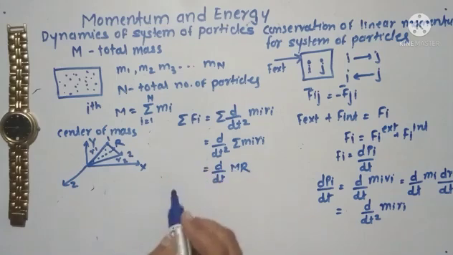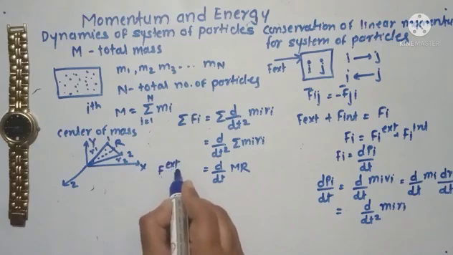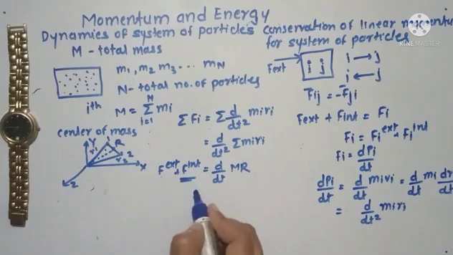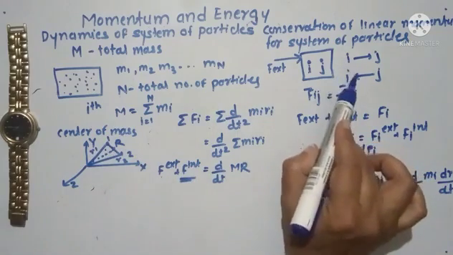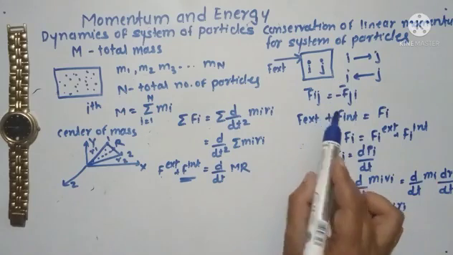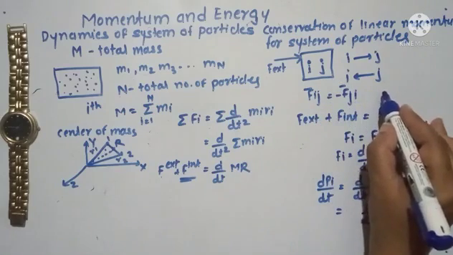So this summation of Fi is also written as F external plus F internal. In this, as there is an interaction between each and every particle, and each and every particle is applying equal and opposite forces on each other, this Fij plus Fji will become equal to 0.